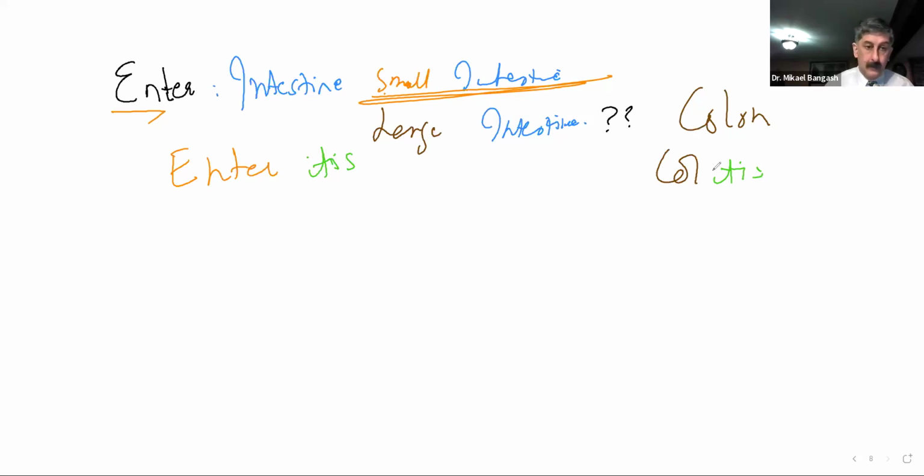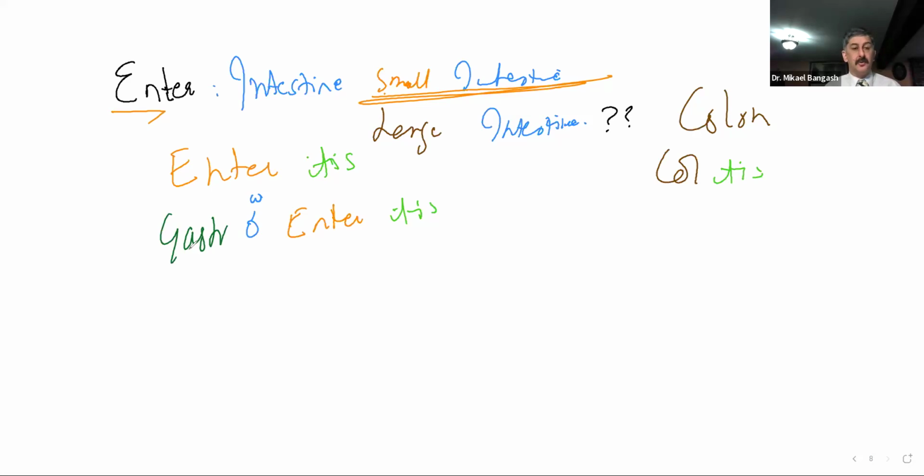We may also have enter and still have itis. But here we just put another root word together with enter for the small intestine, which is going to be gaster. And of course, just to make it easy to pronounce, we combine it with a combining vowel.